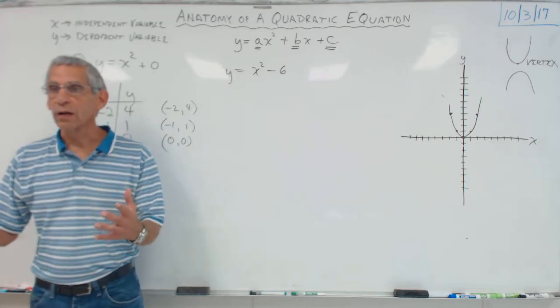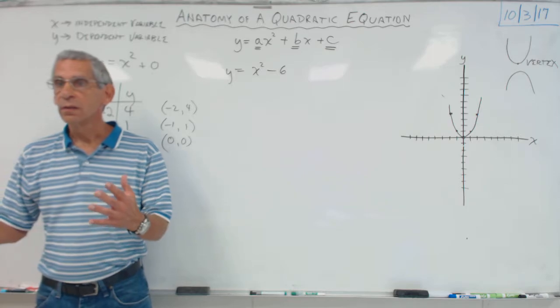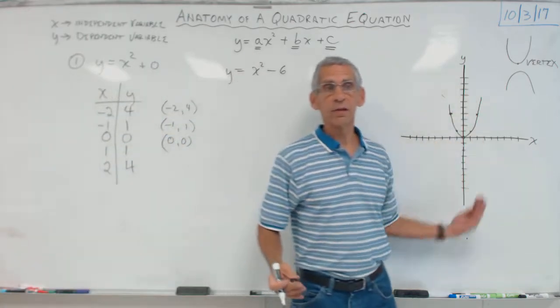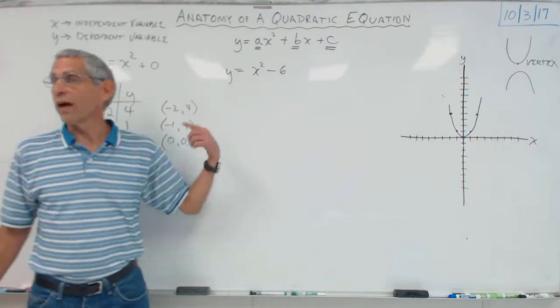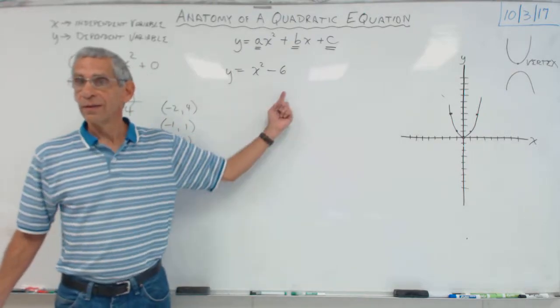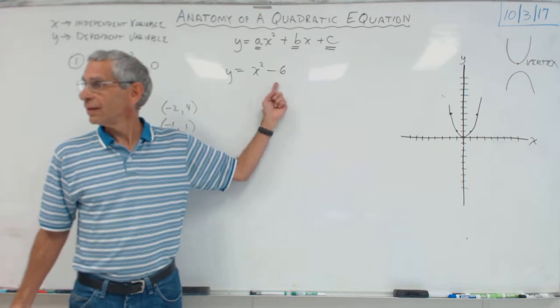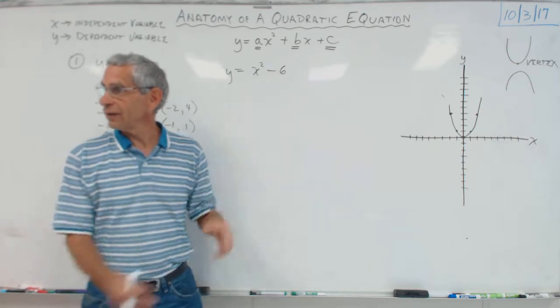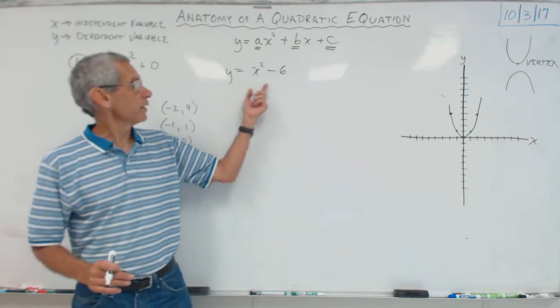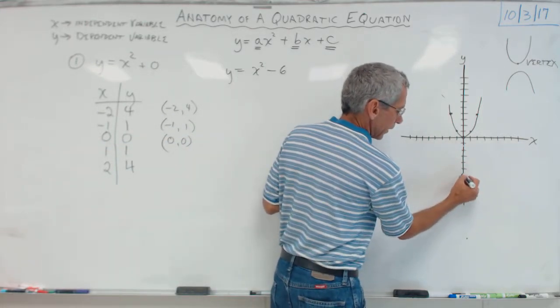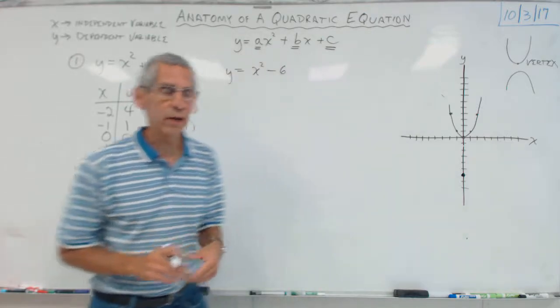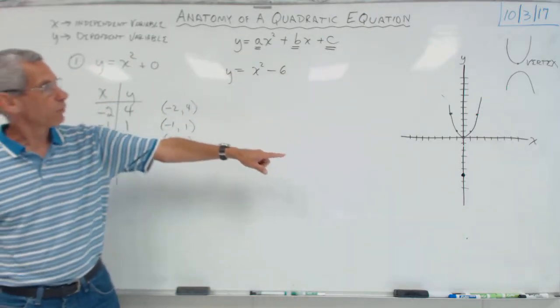The vertex is where? It's 0 on the x. It is on the y-axis. The vertex is on the y-axis when b is 0. Where on the y-axis is it? It's at c. That's my c, right? Negative 6. Right? Negative 6. 1, 2, 3, 4, 5, 6. Dot. I know right away that my graph will be there.